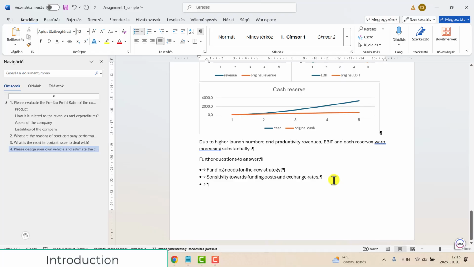And also, obviously, impact on value and probability of default should be explored further.